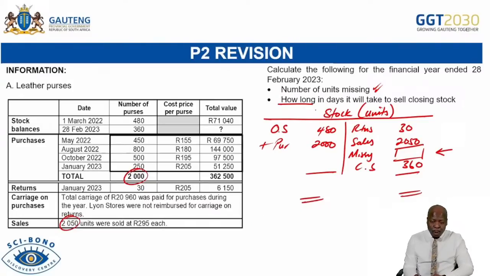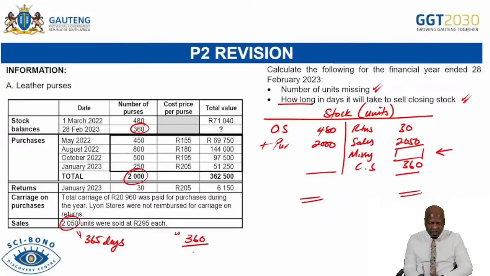Now, if we want to know how long it will take to sell the closing stock, we know we sold 2,050 units in 365 days. So we want to know how long it will take to sell 360 units. That is what we want.